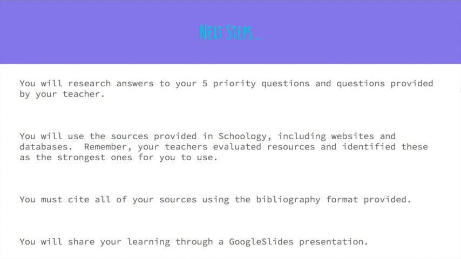There are absolutely great sources out there on the internet, but you need to be a critical consumer of information online and evaluate the information you use. So we took that job off of your shoulders. You must cite all of the sources that you use using the bibliography format provided. And you will share your learning through a Google Slides presentation.